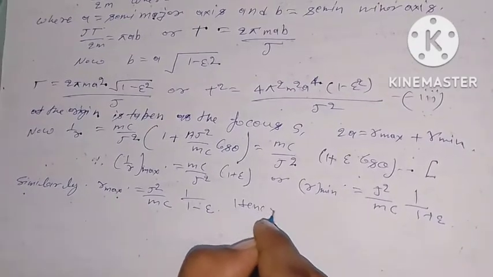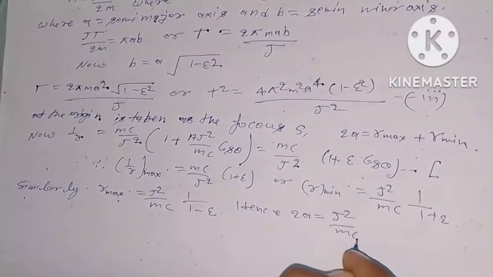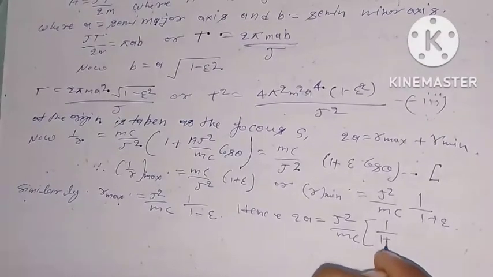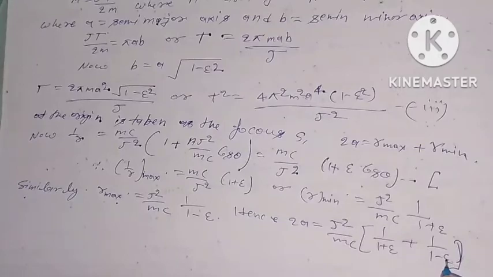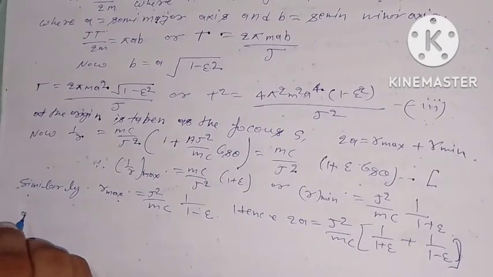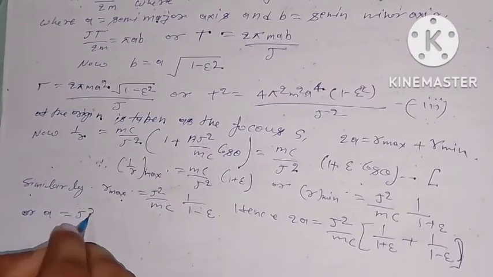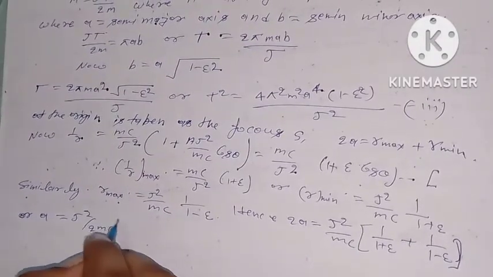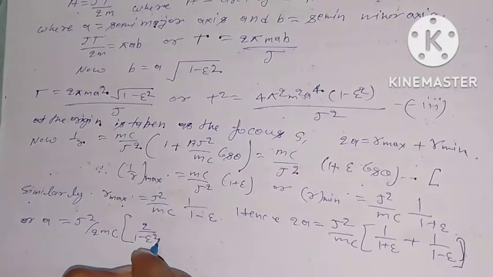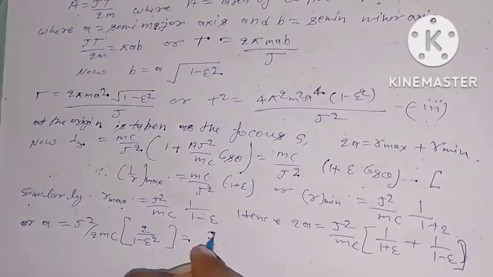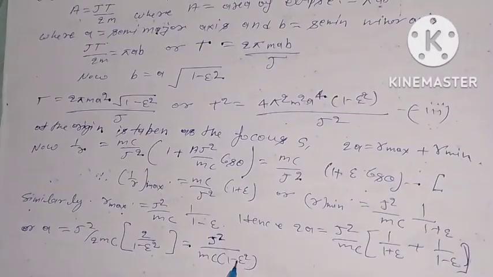Hence 2a equal to J square upon mc in bracket 1 upon 1 plus epsilon plus 1 upon 1 minus epsilon. So a equal to J square upon 2mc in bracket 2 upon 1 minus epsilon square, equal to J square upon mc into 1 minus epsilon square.